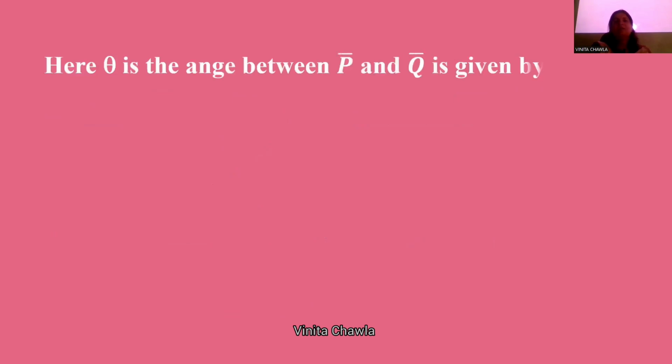Here theta is the angle between vector p and vector q. Because vector p dot vector q is pq cos theta, we can write cos theta as vector p dot vector q upon magnitude of p into magnitude of q, or we can write theta as cos inverse of vector p dot vector q upon this. Okay?